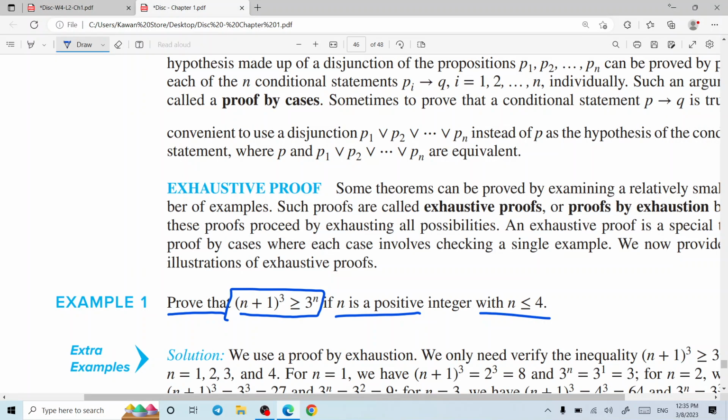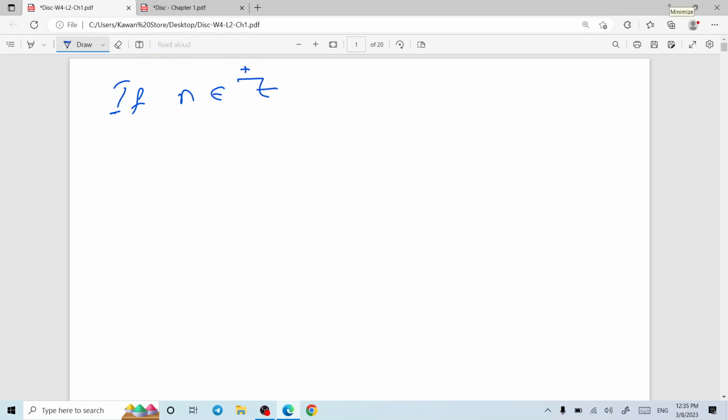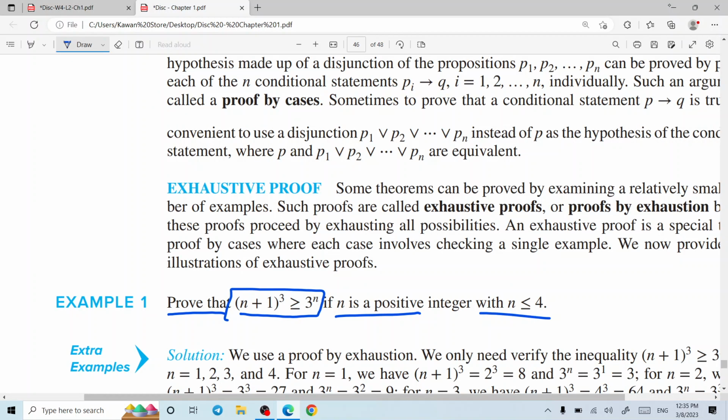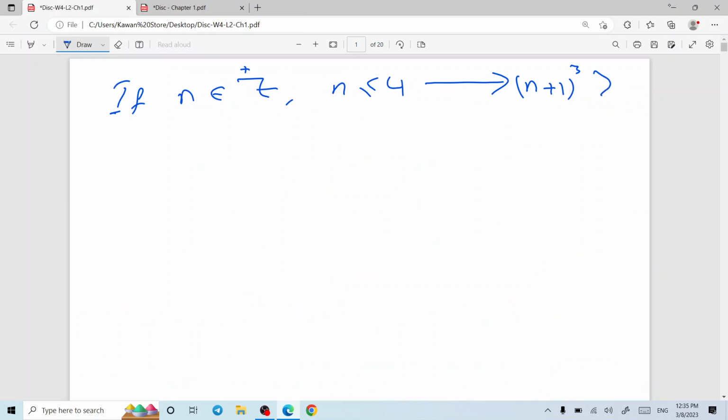So we have: if n belongs to positive integer numbers and n less than or equal to 4, then show that (n+1)^3 is greater than 3^n.